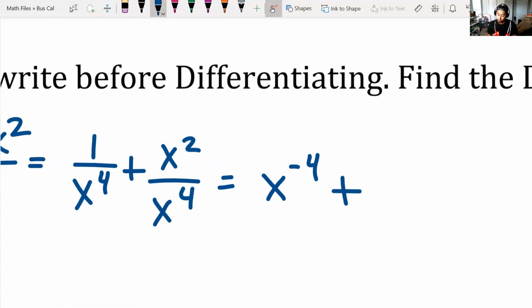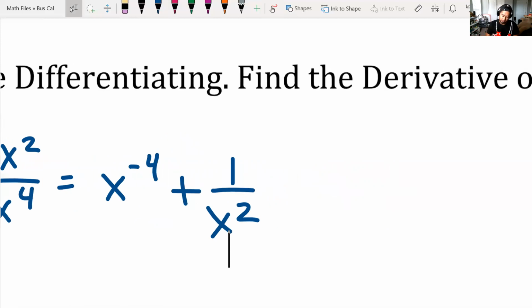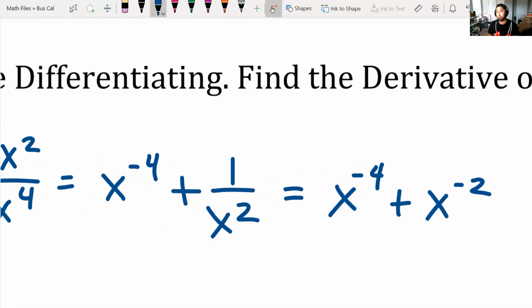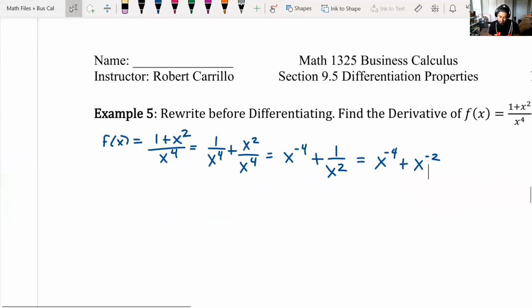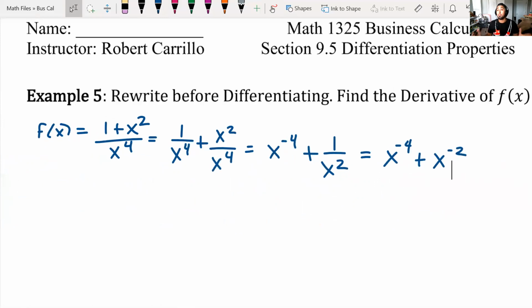X squared over x to the fourth becomes 1 over x squared, which means we must rewrite it one more time as x to the negative fourth plus x to the negative 2. Big question is, have we taken the derivative yet? And that answer is no. But we have put it in the proper form to take the derivative.